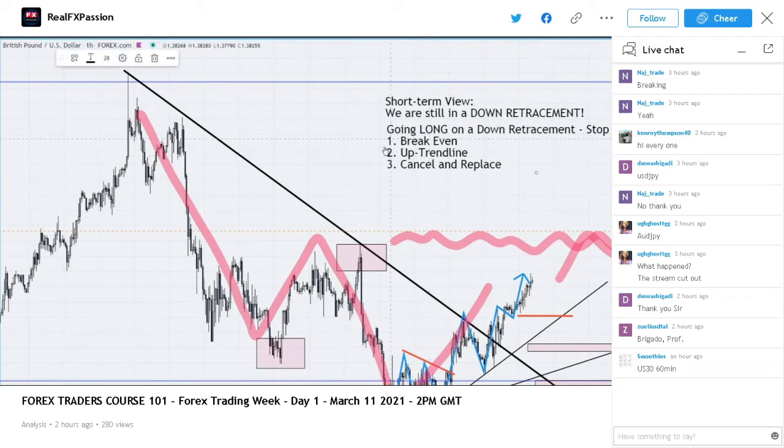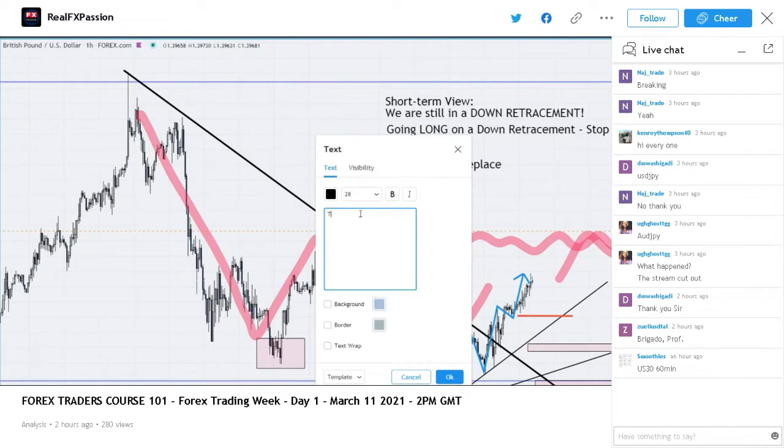Okay, so talking about the take profit, same story, going long on a down retracement. Take profit options. It's your choice, everybody. It's your business. You need to be responsible for your choices. Going long on a down retracement, take profit options.